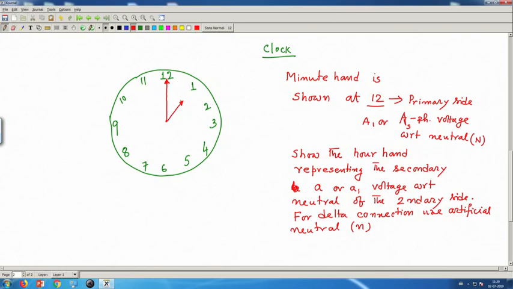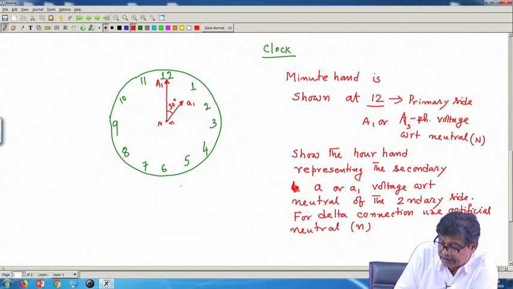Because we have seen that secondary voltage is doing this. So, this minute hand, which is bigger, is capital A1 N and this is small a1 n. I should not write this, but I am writing. You should not be under the impression that if I write like this, I mean capital N and small n are shorted. No, they are just two separate things, because two neutrals are located at different positions and they are not connected electrically, but just to indicate what this means. Anyway, this is the thing.